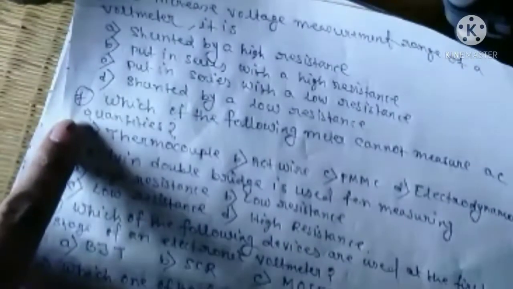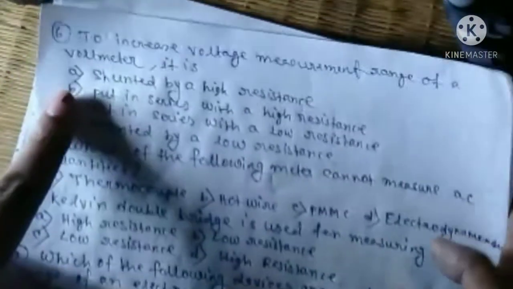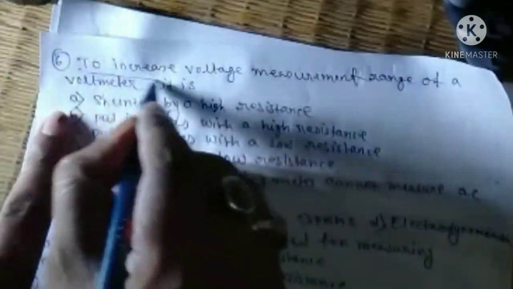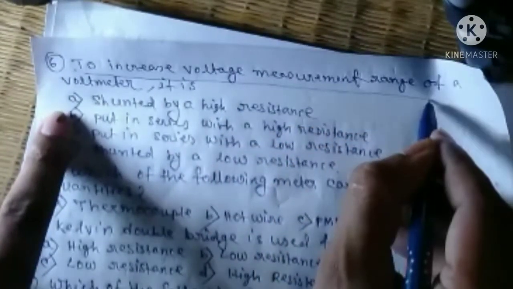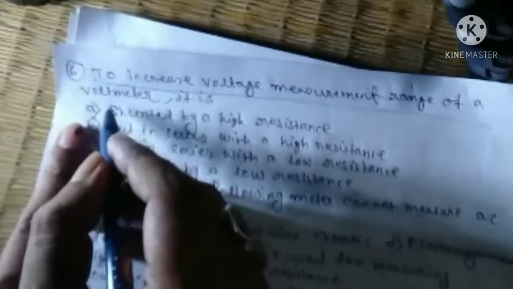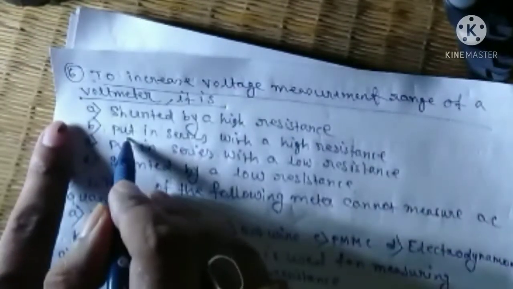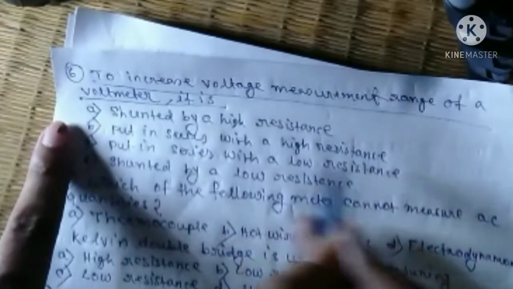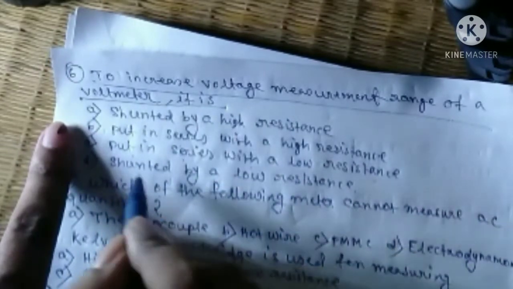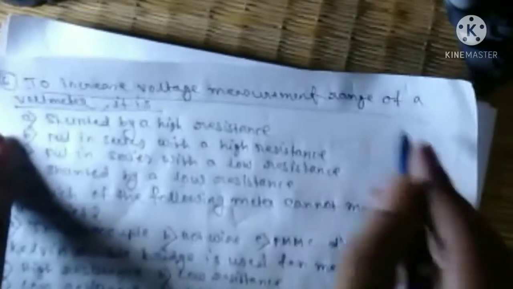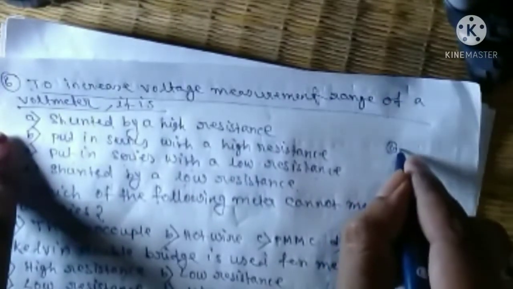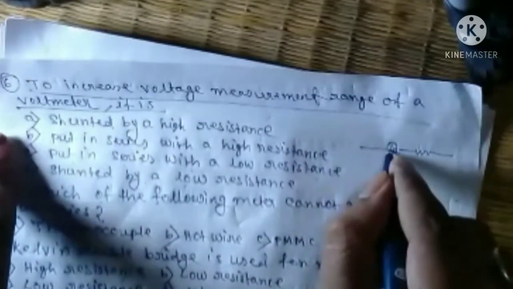So the next question is: to increase the voltage measurement range of a voltmeter, it is shunted by a high resistance, put in series with a high resistance, put in series with a low resistance, or shunted by a low resistance. Here we know that a galvanometer makes a voltmeter.